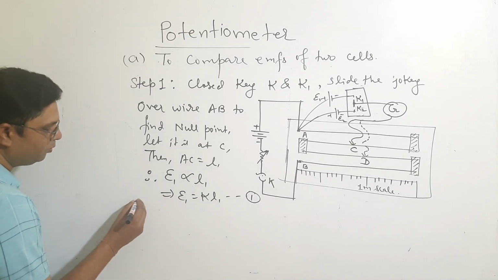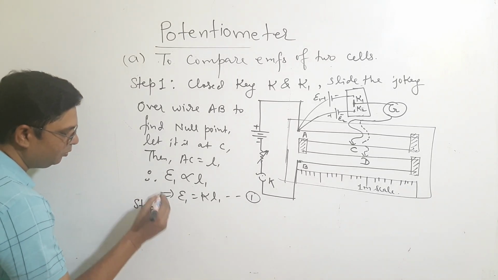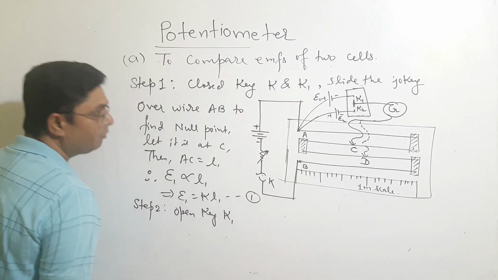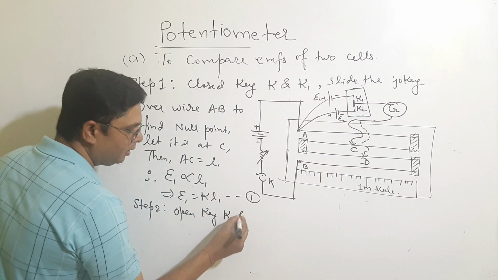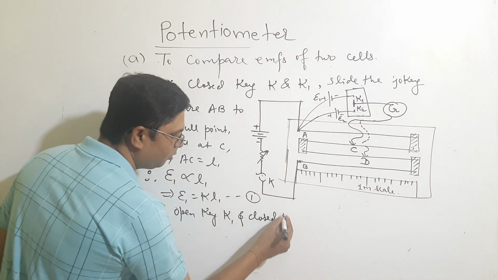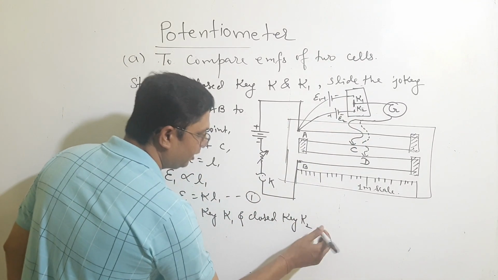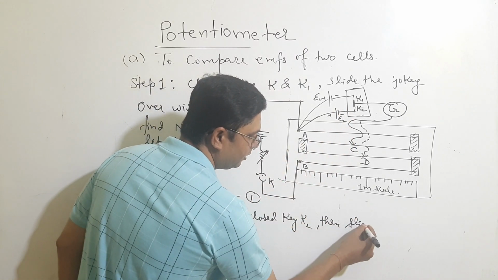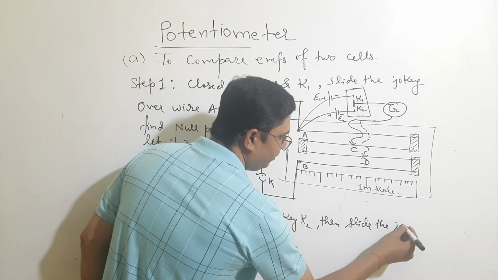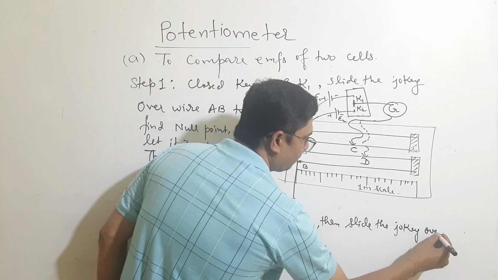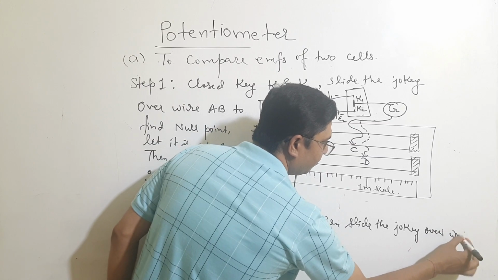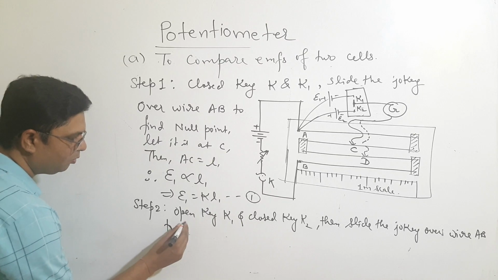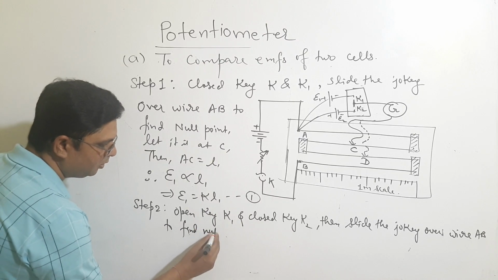Now step 2. Open key K1 and close key K2. Then slide the jockey over wire AB to find the null point.